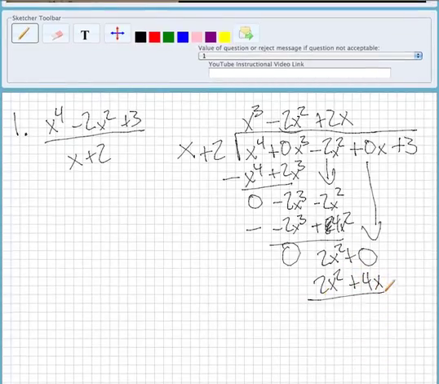Now subtract, so this is 0, and then we get negative 4x. What times x equals negative 4x is negative 4.